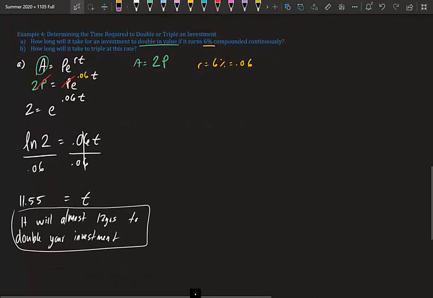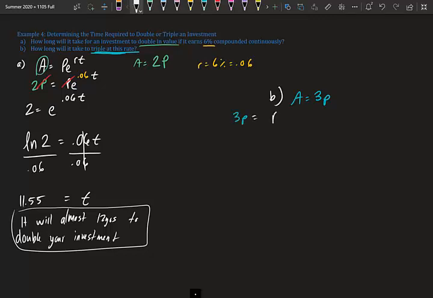All right, so part B, how long will it take to triple at this rate? So basically everything's the same, except I want to triple it now. So now for B, instead of it being 2P, because we want to triple it, A is going to be 3P, but everything else is the same. So we have 3P equals P times e to the power of 0.06t.